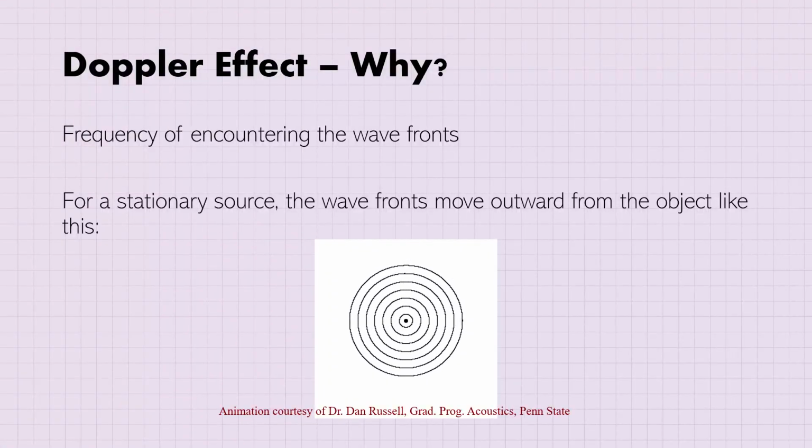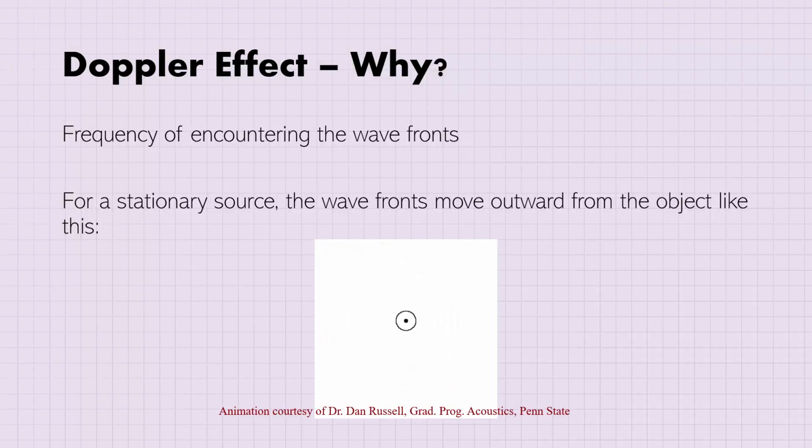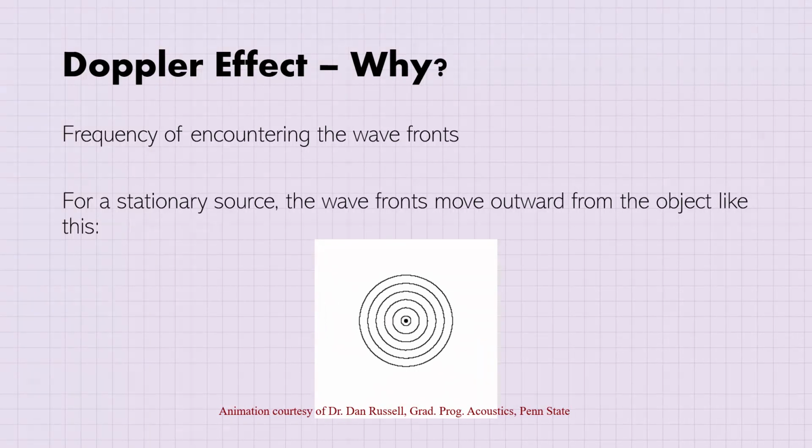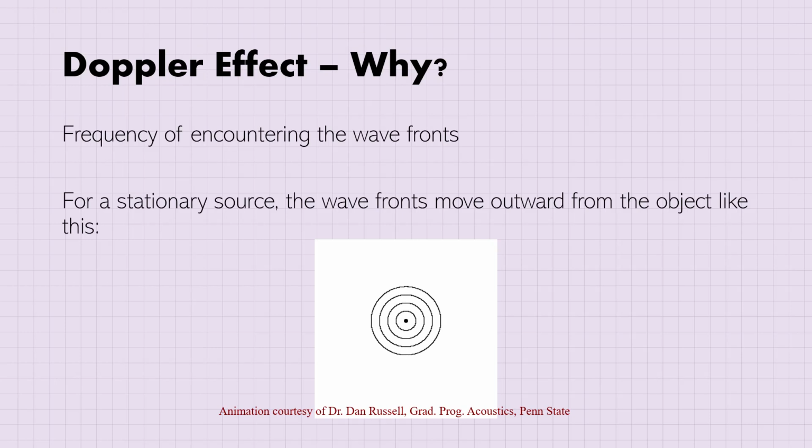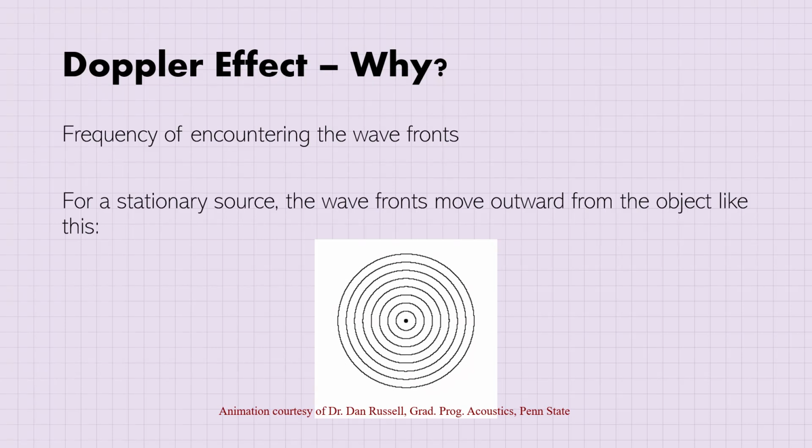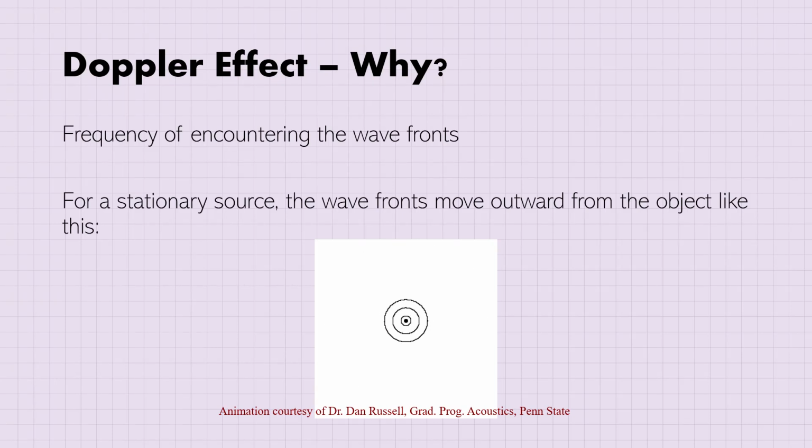For a stationary source, an object that is not moving, all of the wave fronts are moving out with the same wavelength, the same frequency, right? Because it's all happening at the same speed.